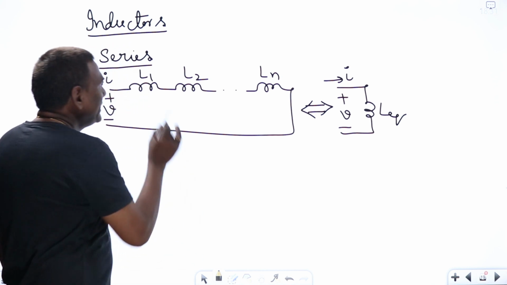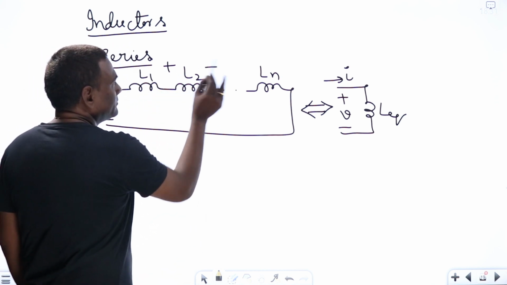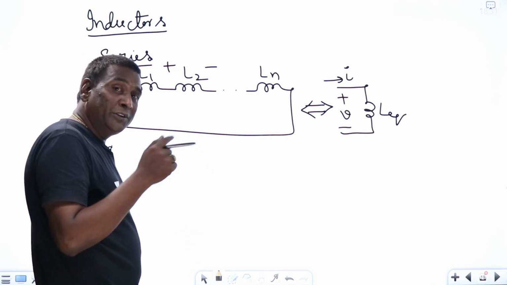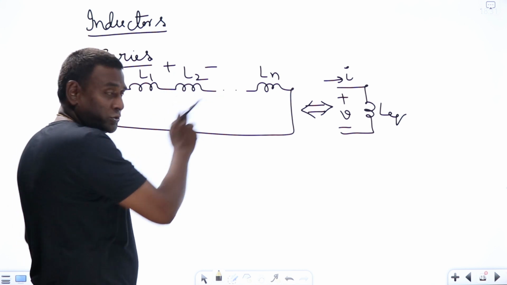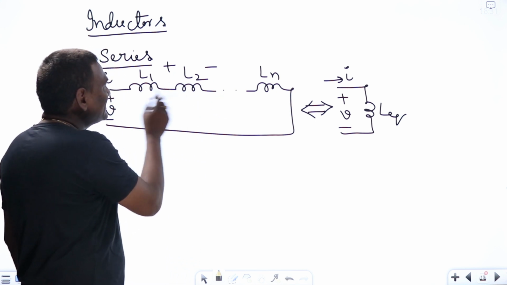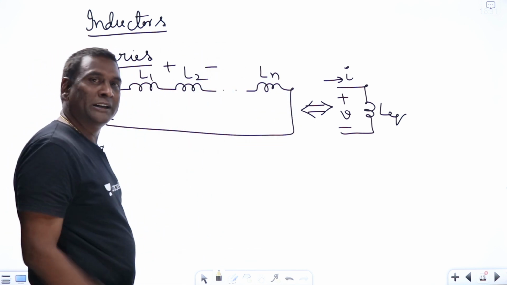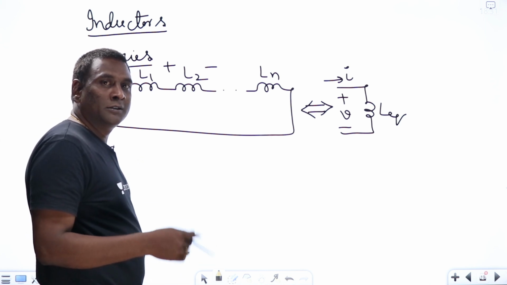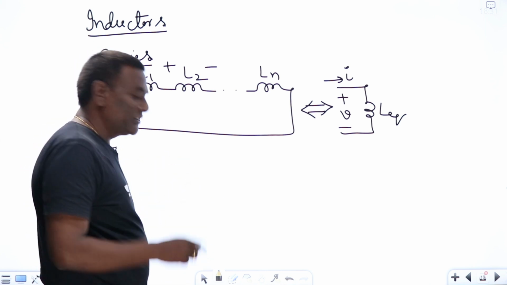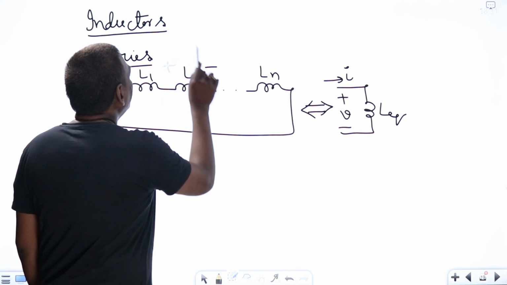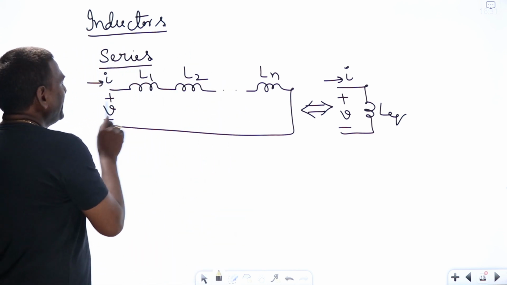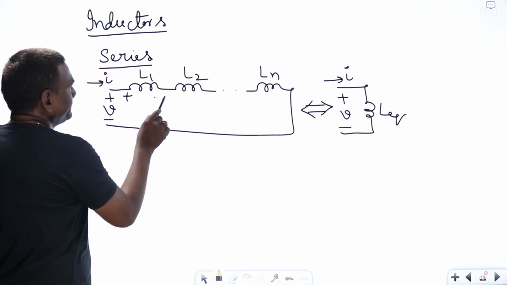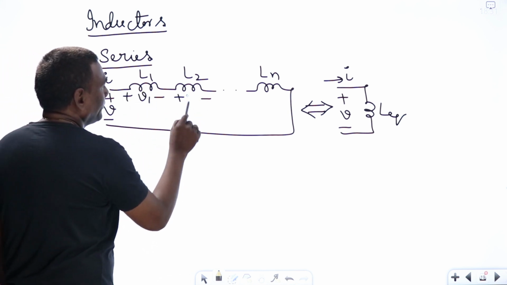For example, if I think of voltage across this as V2, and if that V2 is a controlling variable for any control sources outside, you are not supposed to merge this. Except this you can include everything else, but L2 should remain because the controlling variable is very important for us.